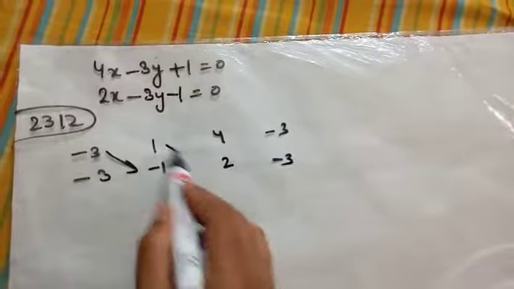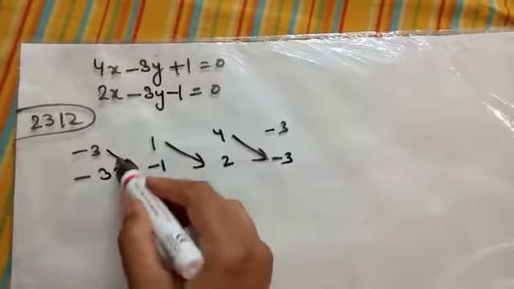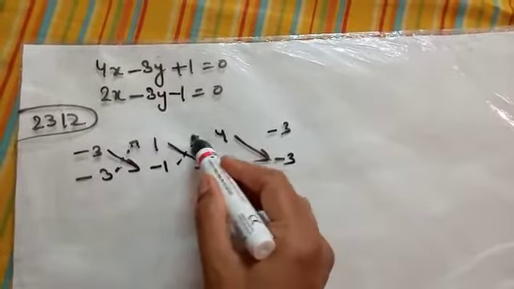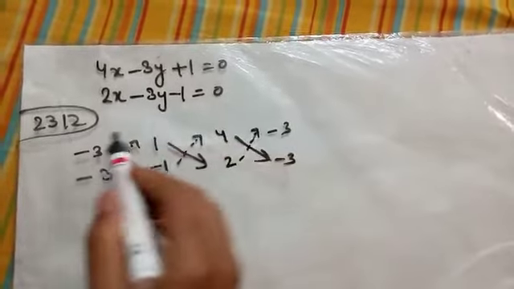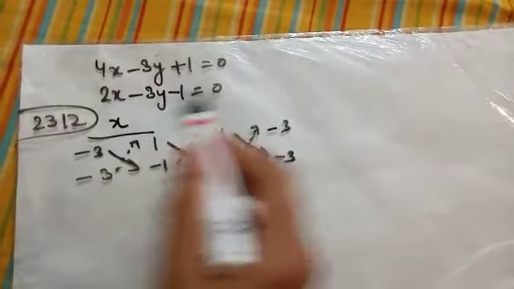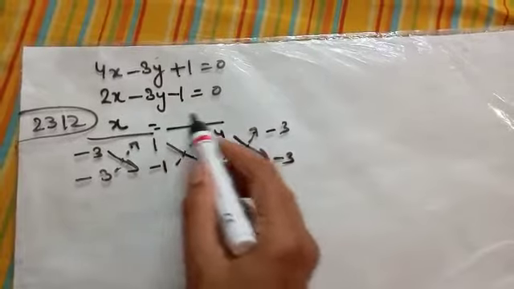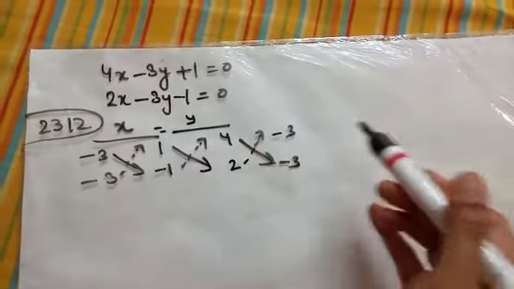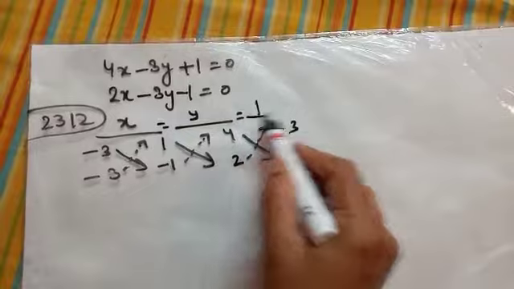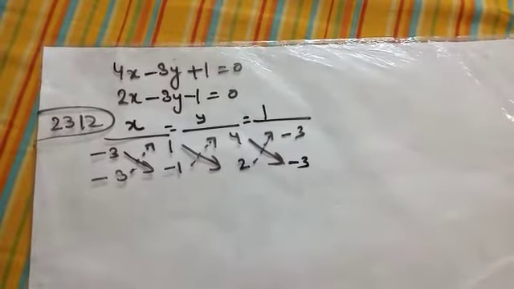Then solid arrow in the downward direction, dotted arrow in the upward direction, right? Then between first and second, the first variable x is equal to, between second and third, the second variable y is equal to, last is constant which is 1.